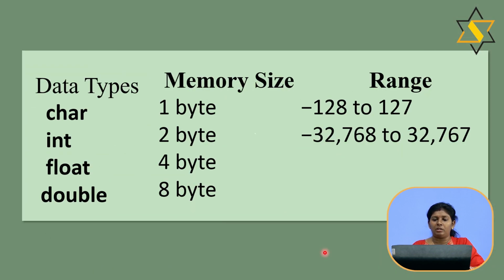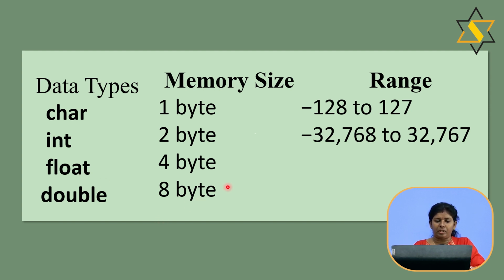This is the memory size allocated for integer and float. It has two ranges, so I'm not mentioning them here. So the memory sizes are: 1 byte for char, 2 bytes for integer, 4 bytes for float, and 8 bytes for double, because float has up to 6 digits after the decimal point and double has more digits.